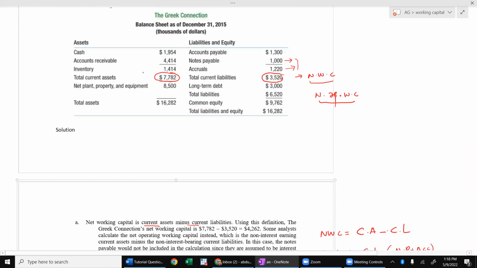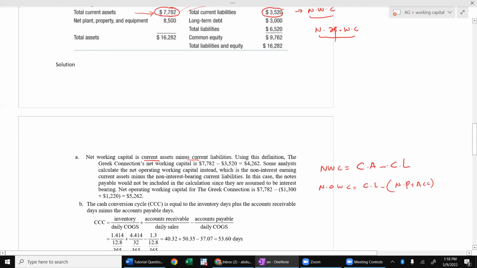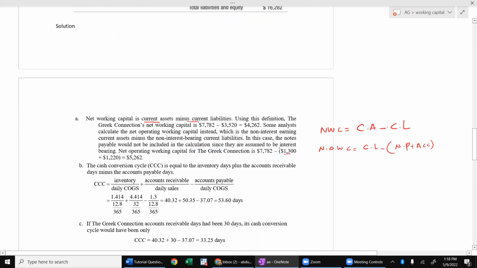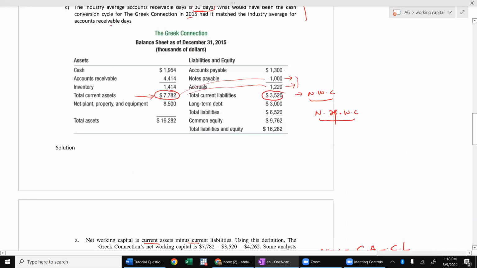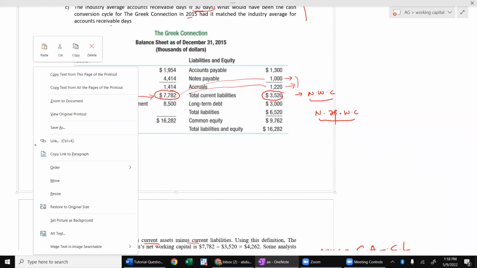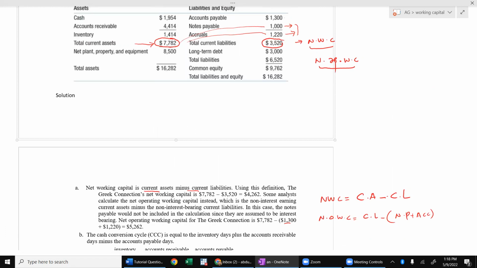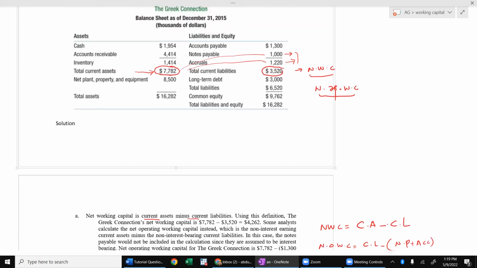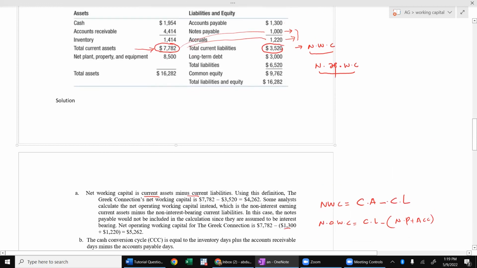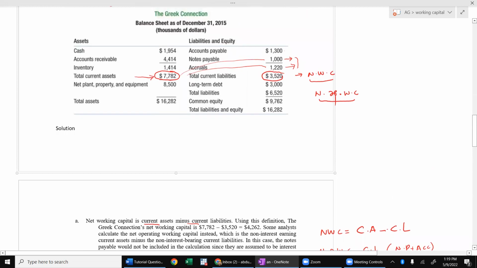You see that total current assets are 7782. Then notes payable are how many? 1000 and 1220. Sorry, this notes payable is only the interest-bearing part, so it will not be included.